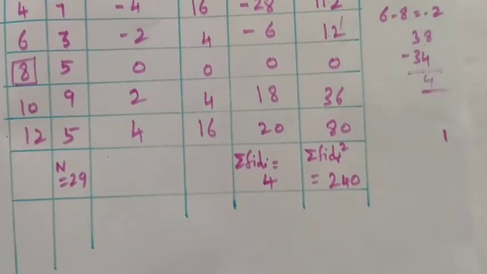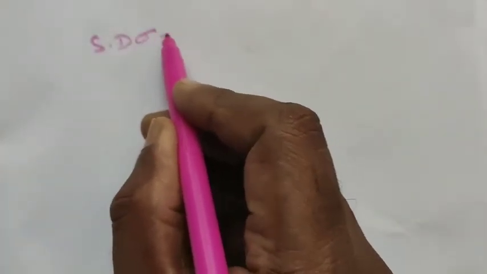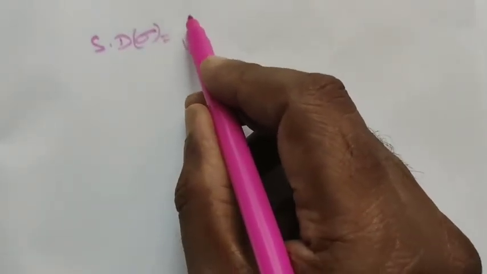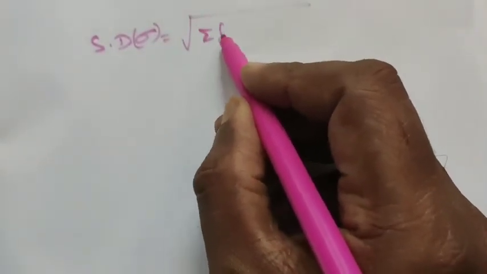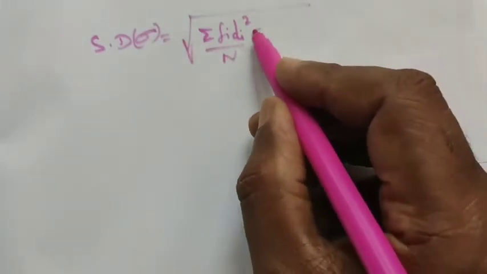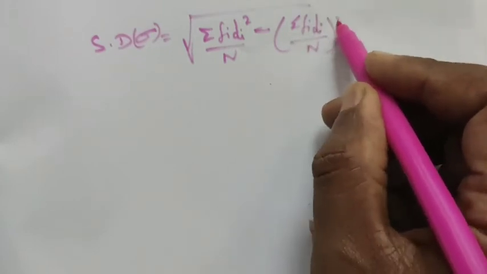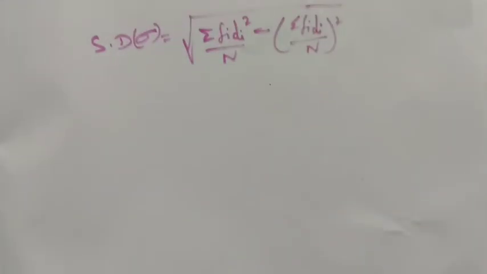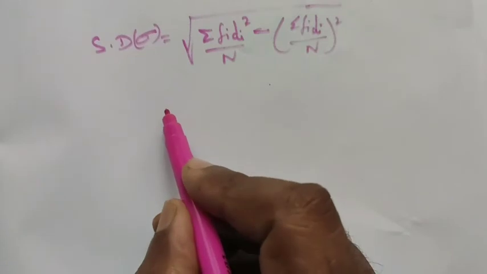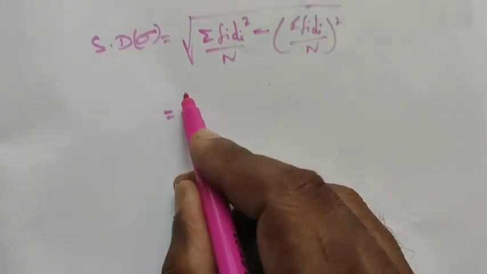Now we have the formula for standard deviation. The standard deviation sigma is equal to root of summation fi di square divided by n minus summation fi di divided by n whole square. Here n is 29, the total frequency.